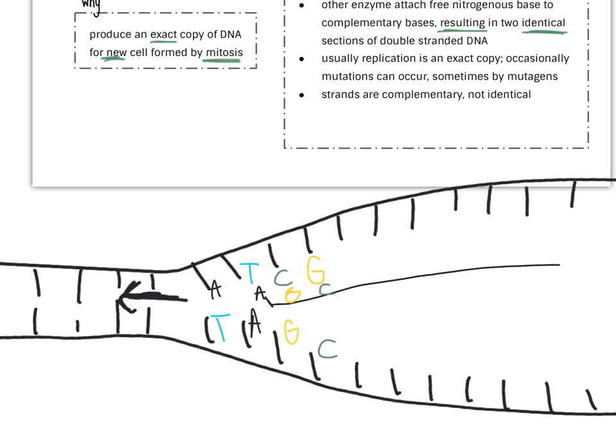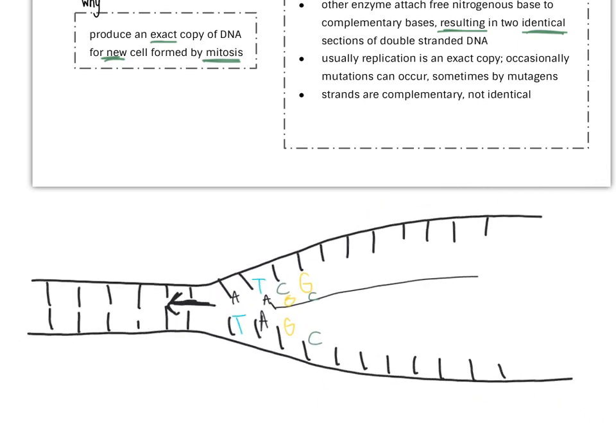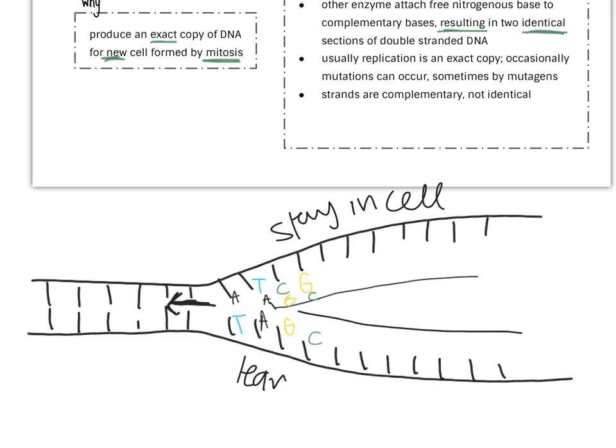A C. And if you do it the entire time, all the way down this DNA strand, you'll eventually get two strands that are identical to each other. So this is one strand and this is two strands. This one will stay in the cell and this one will leave the cell, or vice versa. We really don't know.